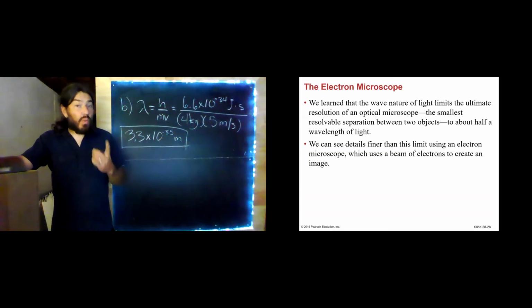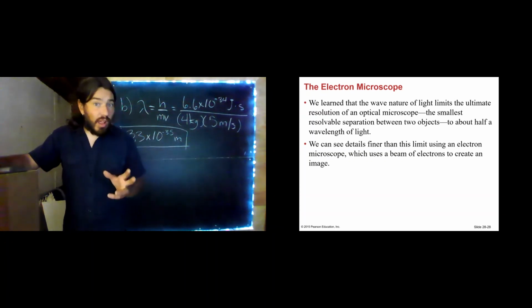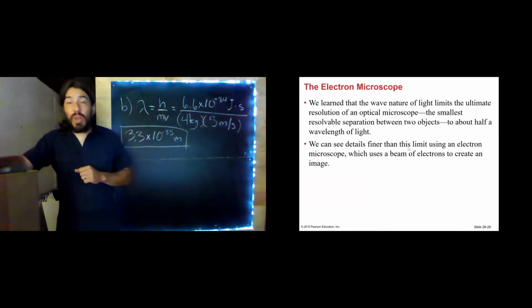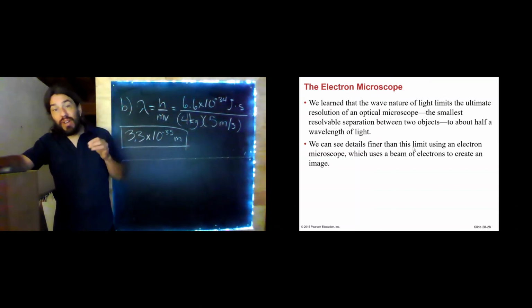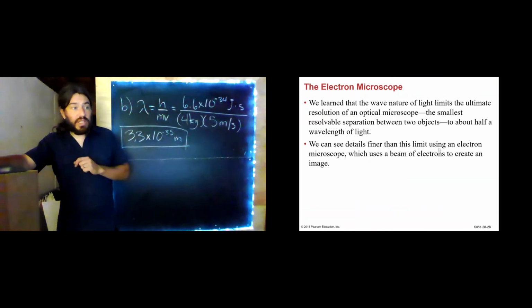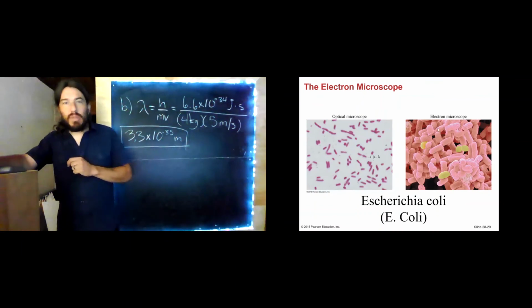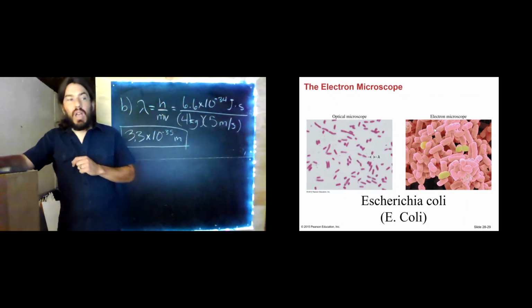But recall that we got a number that was much smaller for the wavelength of an electron than visible light. And so it turns out we can use the wave-like nature of an electron to image things, and that's exactly what we do. So we've seen this picture once before, and here we see it again, but now we've talked a little bit more about the electron microscope.